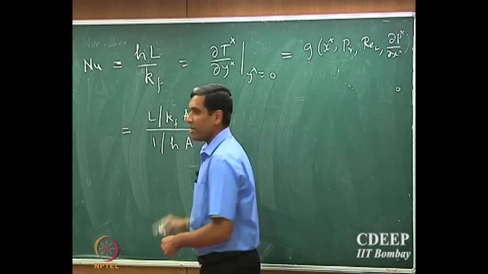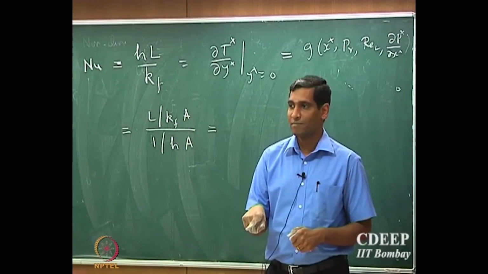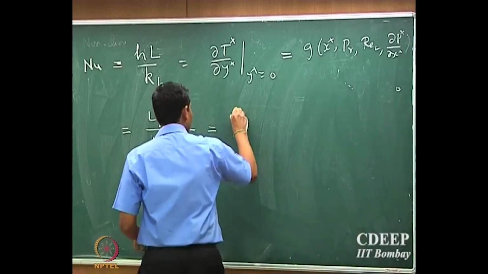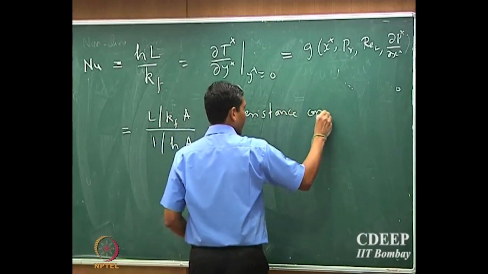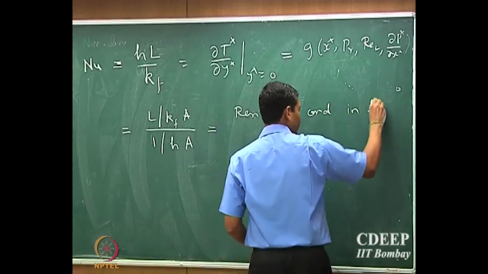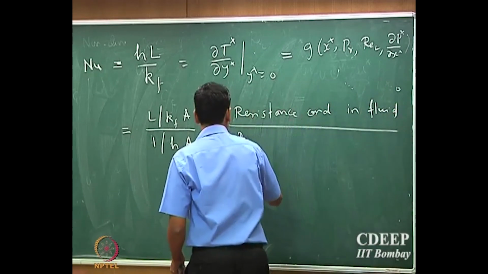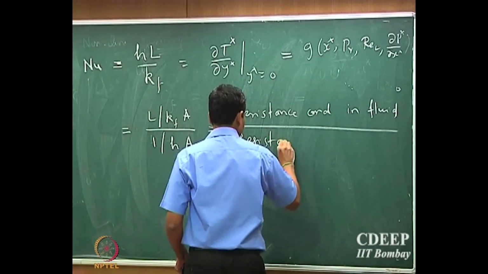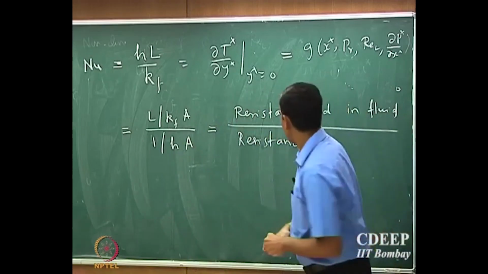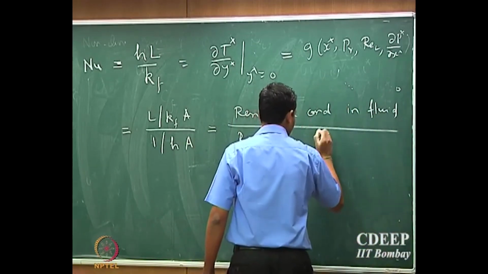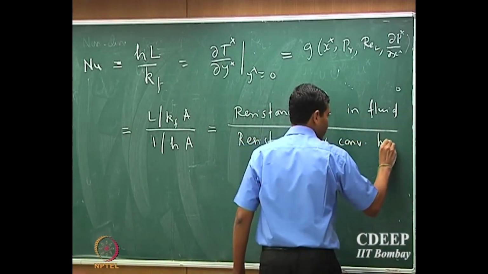What is L by kf A? That is the resistance for conduction in the fluid. So that is the resistance for conduction in the fluid divided by the resistance for, what is 1 by hA? It is the resistance for convective heat transport.